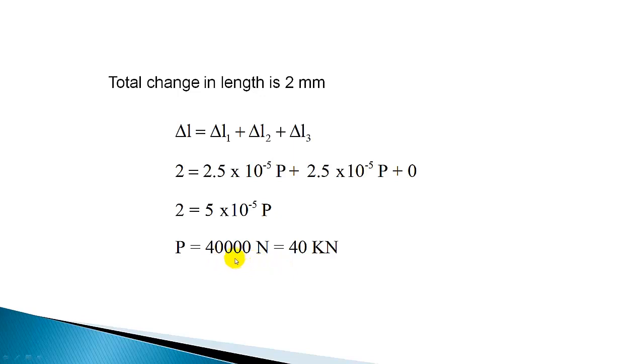So 40,000 Newton is 40 kilonewton. So this is the amount of force that has to be applied at point B and C to just elongate the bar and fill the gap without reaction from the fixed end.